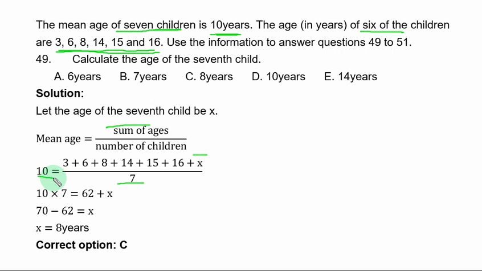Multiply through by 7 to clear the fraction and also add the constants in the numerator. You have this result, and you have 70 minus 62 equal to S, and S is equal to 8 years. So the age of the seventh child is 8. The correct option is C.